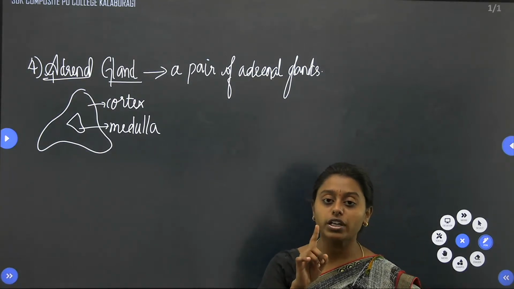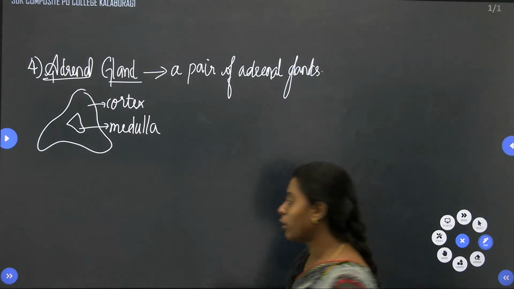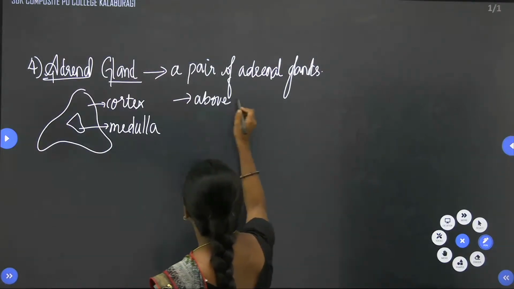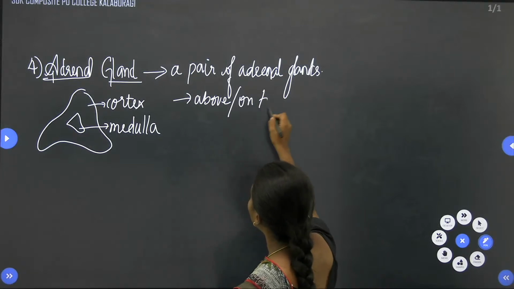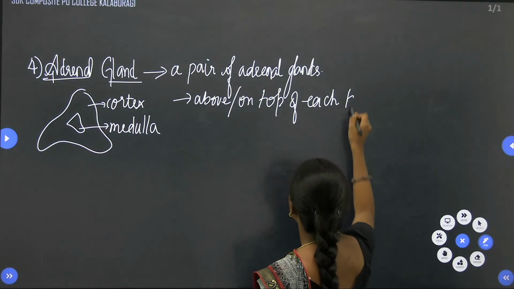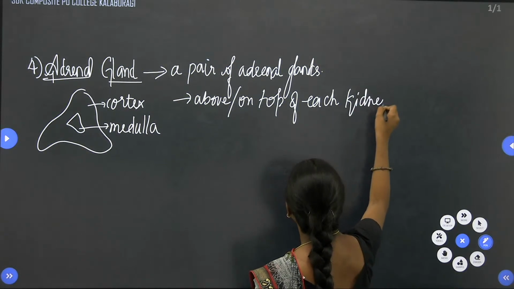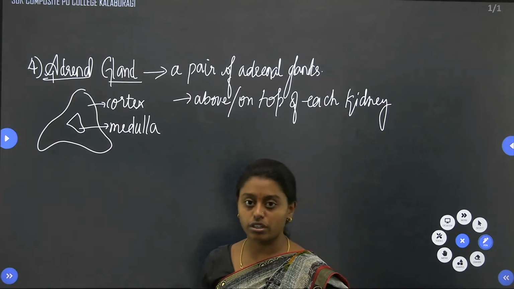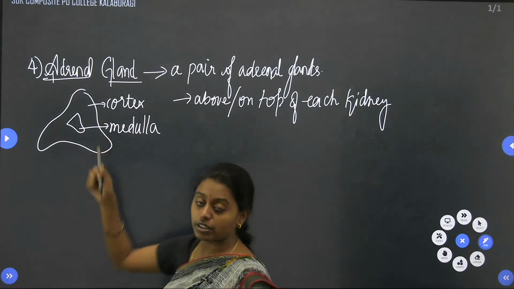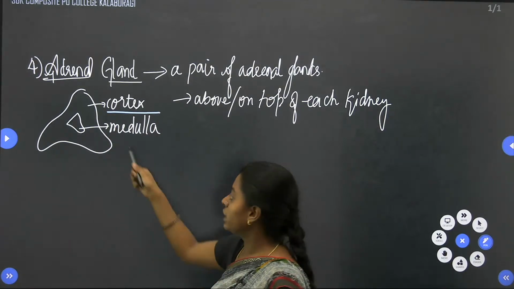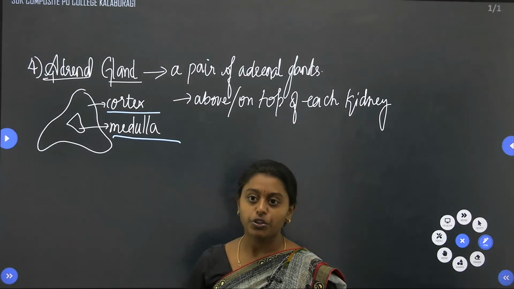One adrenal gland is located on top of each kidney. So, the adrenal gland is divided into two regions, the outer region cortex and the inner region medulla.